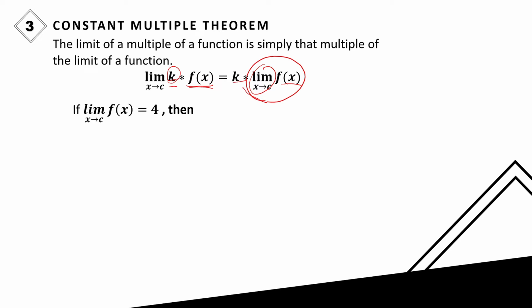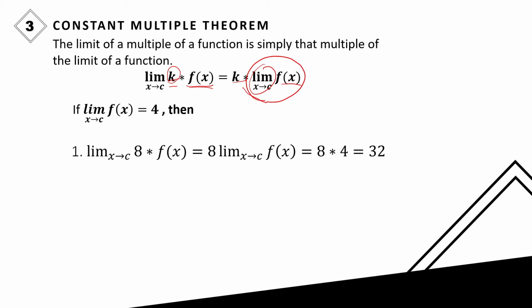Kaya naman, if we have this condition that the limit of f of x as x approaches c is equal to 4, then we can say that the limit of 8 multiplied by your function f of x as x approaches c is equal to, ang gagawin natin, lalagyan natin sa unahan si 8, yung ating multiple.